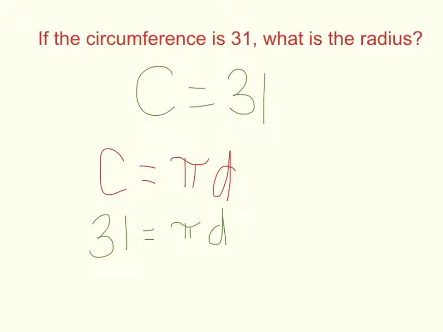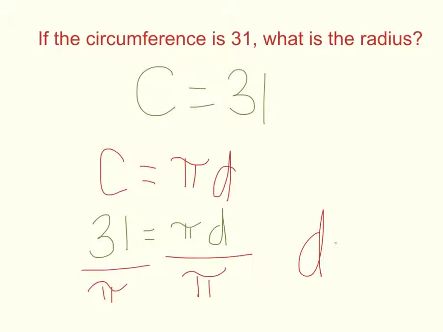I want to find this d. That means I need to get it by itself. We divide by pi, divide by pi. That leaves us with d equals 9.87. That's our diameter.